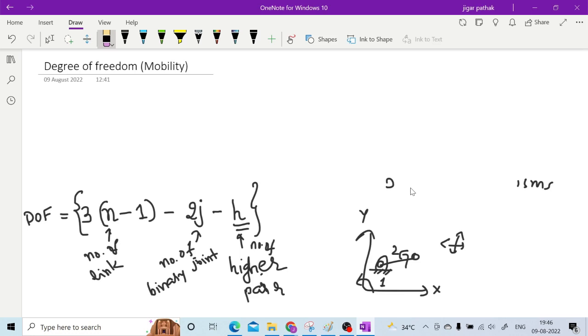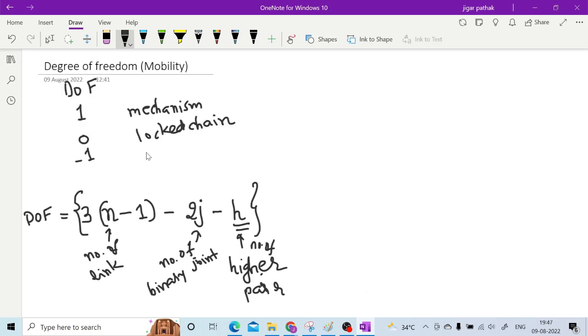If it is 0, then it is a locked chain, a structure only. If it is minus 1, then it is an indeterminate structure. And if it is greater than 1, then it is an incompletely constrained chain. So this is how you have this classification.